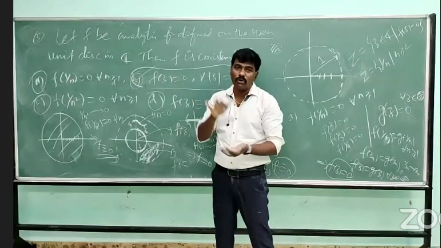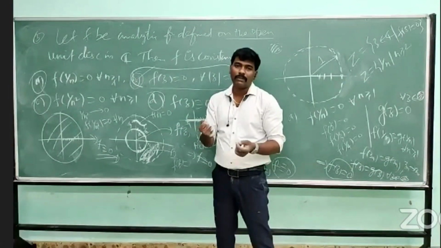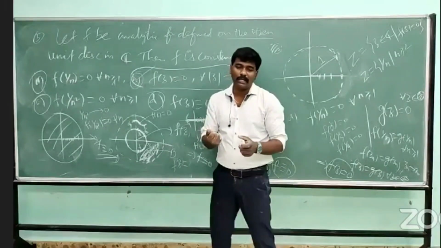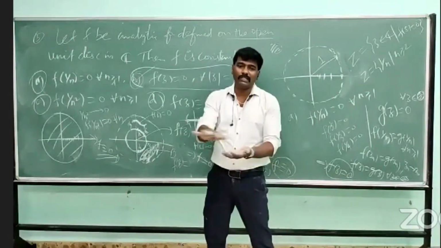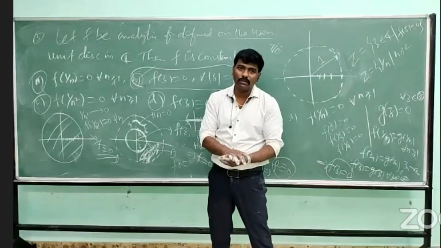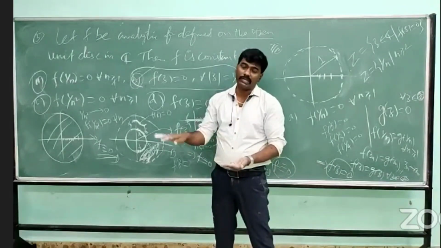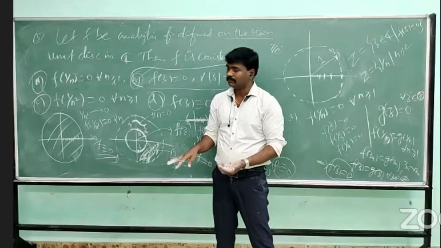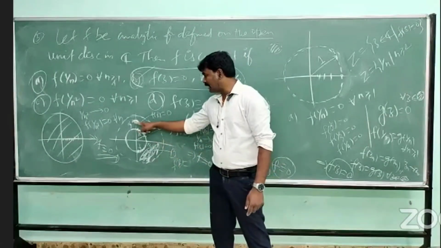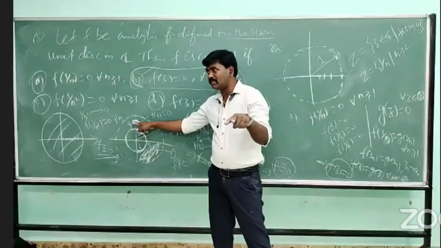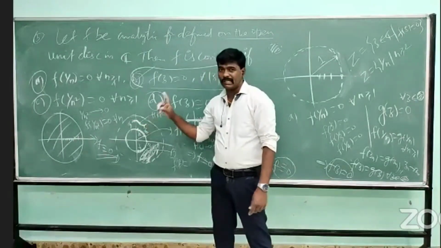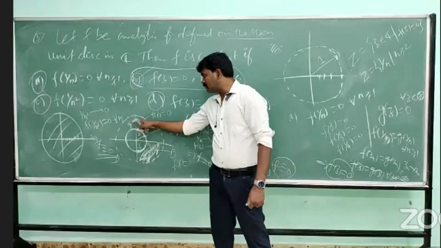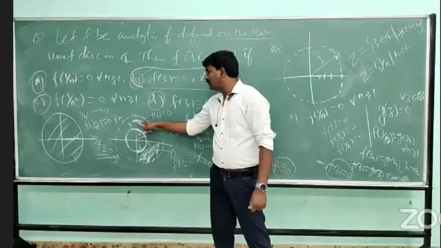If f has zeros, collect all those zeros. If the set is uncountable, then I can always construct a sequence. An uncountable set has a limit point, which means there is some sequence which converges to that point.